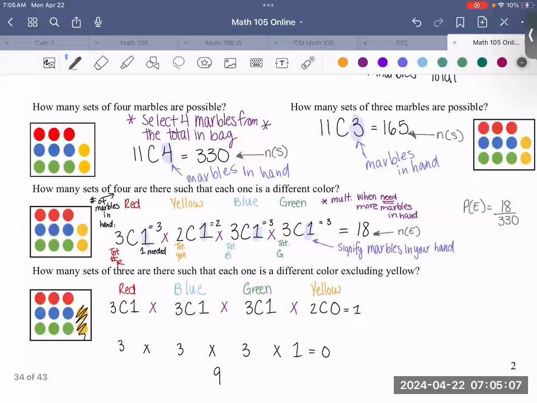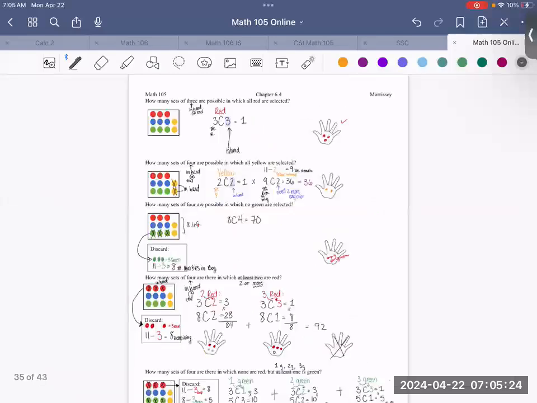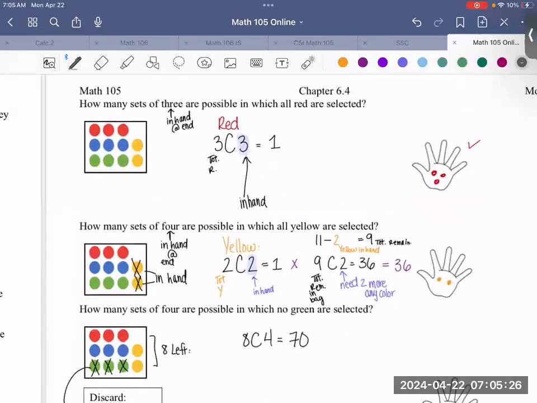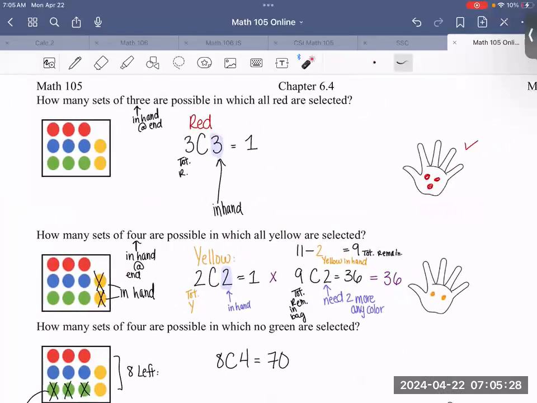So if we were to do it again for this next one, we had 9, which is again the number of events. So we would have 9 over, this time because we only pulled 3, 165. Now we could keep doing this. Instead, we said, okay, how many sets of 3 in which all the red ones are selected?